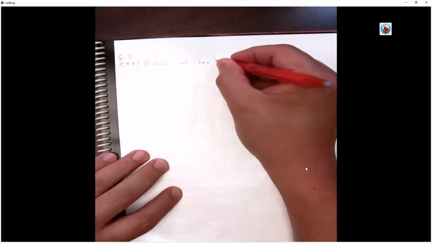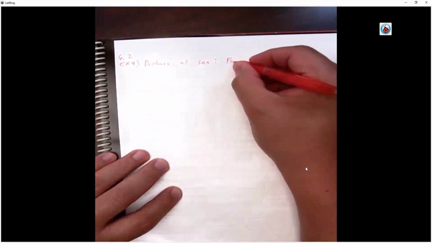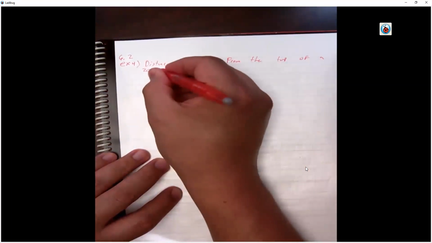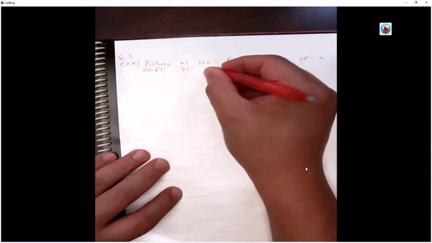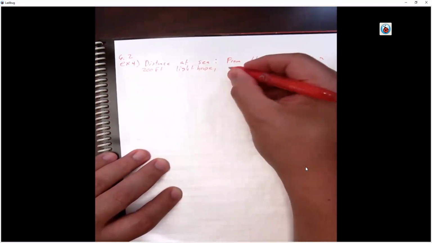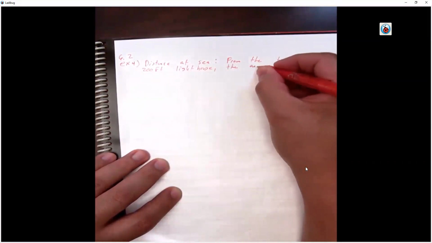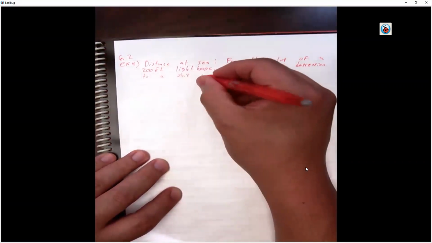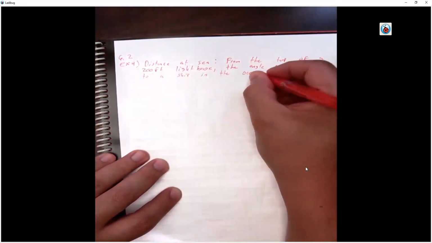So from the top of a 200-foot lighthouse, the angle of depression to a ship in the ocean is 23 degrees.